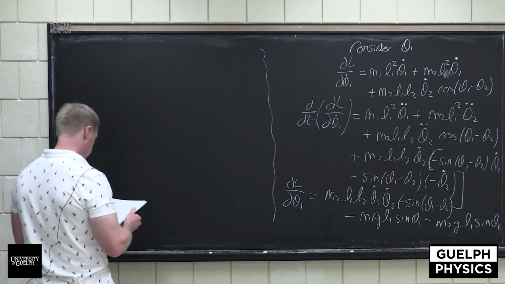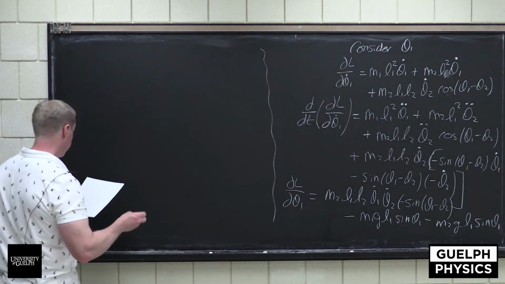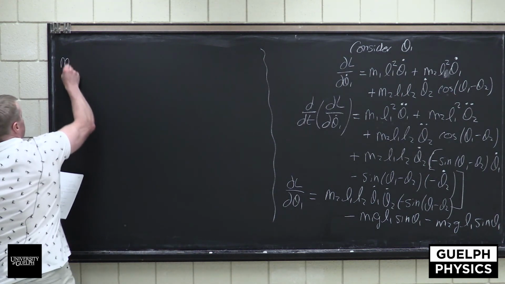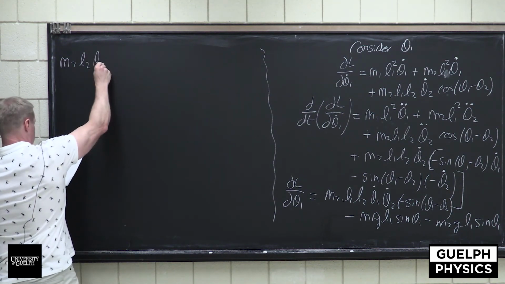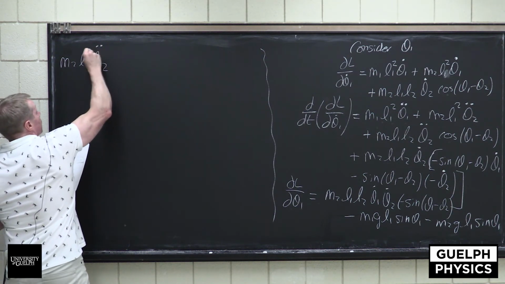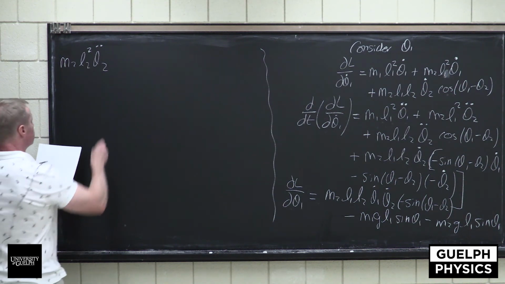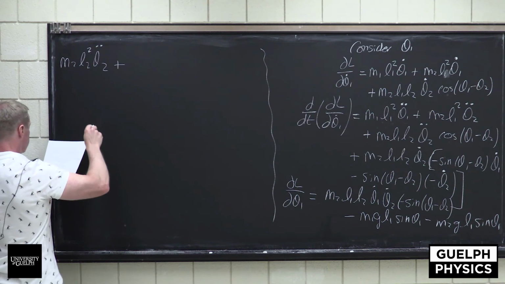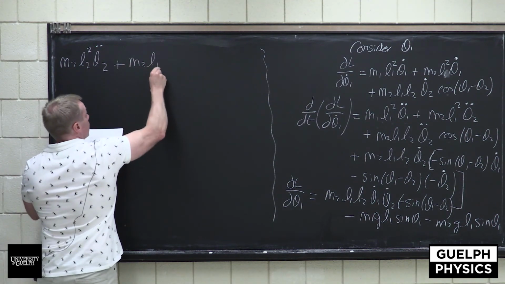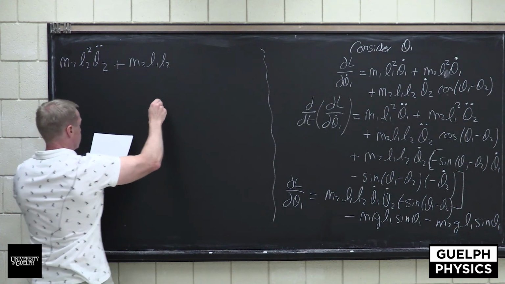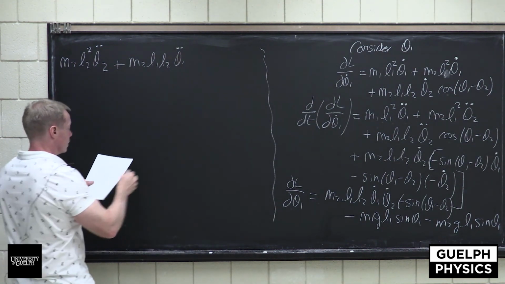If we look at the expressions for theta 2, we go through exactly the same steps, take our partial with respect to theta 2 dot, take our partial with respect to theta 2, and combine everything together. And so here I will just, again, write down what the final expression would be. So we have an m2 L2 theta 2 double dot plus an m2 L1 L2 theta 1 double dot.